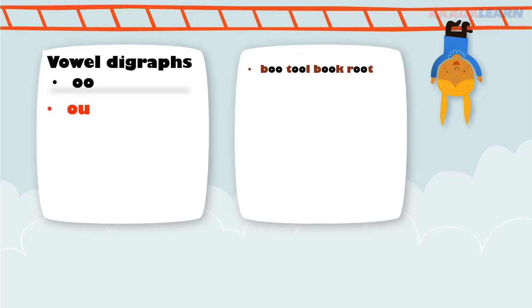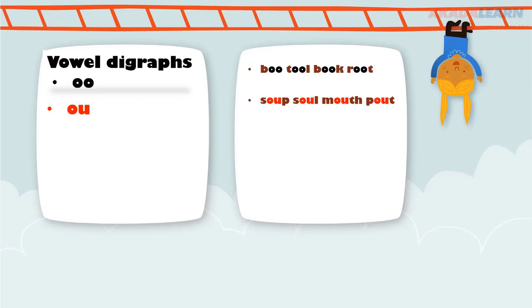Now, O-U is also red because it makes a couple of different sounds. Okay, the first one is S-O-U-P, that's the OO sound in soup. S-O-U-P spells soup. Say it with me, soup. Say it again, soup. Very good. Then we have S-O-U-L. Here, O-U is making an O sound.